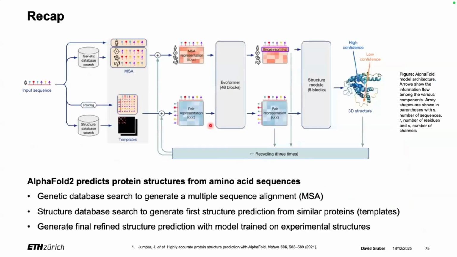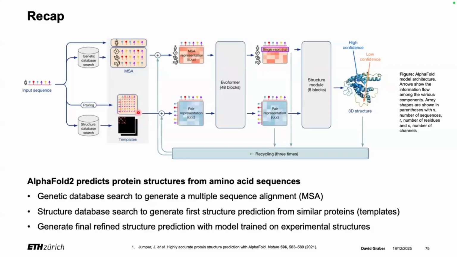And we've looked at AlphaFold 2 to fold protein sequences into their native structures. And we've seen that after taking this protein sequence that you would like to fold, AlphaFold enters this genetic database and makes a multiple sequence alignment. And then it also checks a structure database for structures of related proteins that might already exist.